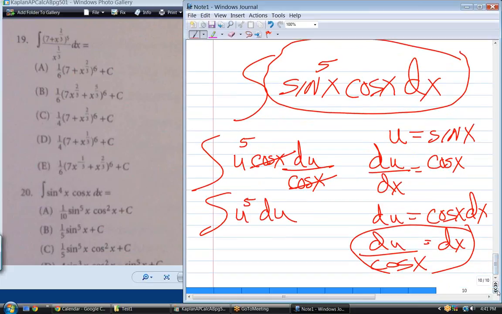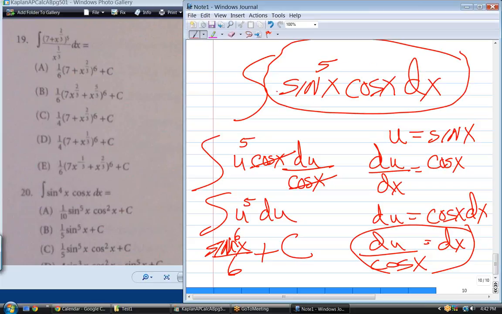What's the integral of that? 1/6 u to the 6th plus c. And then I go back and I substitute sine x for u. So my answer ends up being sine to the sixth of x over 6 plus c.